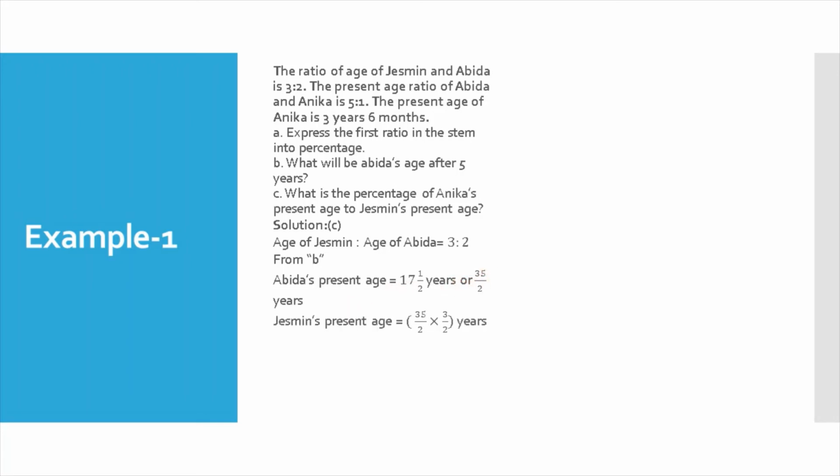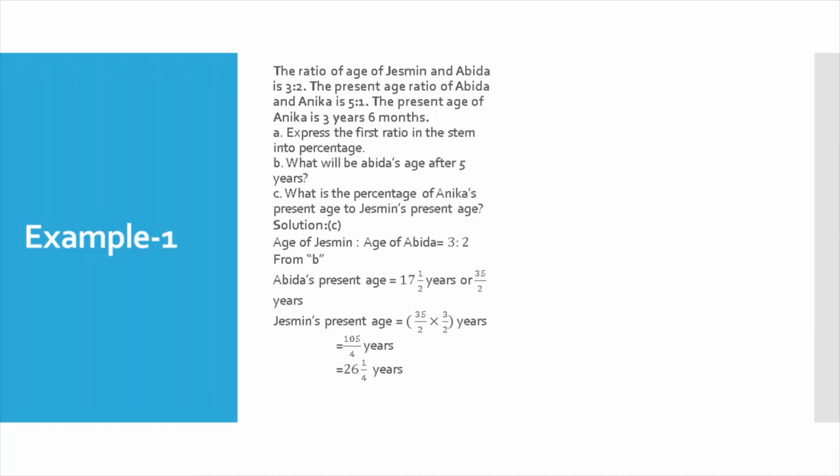So with the help of Abida's present age, we get Jasmine's present age equals 35 by 2 multiplied by 3 divided by 2, because here age of Jasmine is to age of Abida equals 3:2. So if we multiply 35 by 3, that would be 105, and 2 by 2, that would be 4. And if we divide 105 by 4, we get 26 and 1 by 4 years.